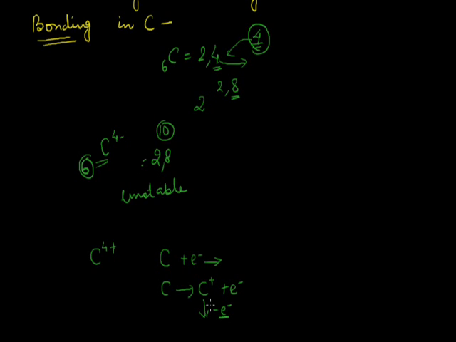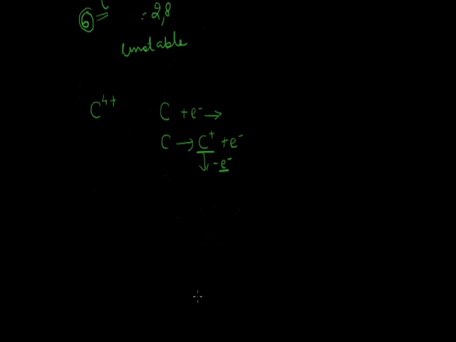Now the electron is negatively charged and carbon has become a positive cation, so the force of attraction will increase, and more energy will be required to remove the second electron as compared to the first one. Even if it gets that energy, the carbon will convert into C2 plus. Again the third electron has to be removed from this cation with larger charge, and more and more energy will be required. So ultimately C4 plus will not be formed because of the energy barrier.